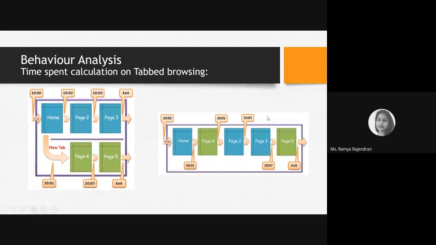That is color coded: the blue color is from the home page, whereas the green color is from the new tab. If one more tab is opened from the home page at 10:03, that can also be integrated here. This is called the linearization method for calculating the time spent.